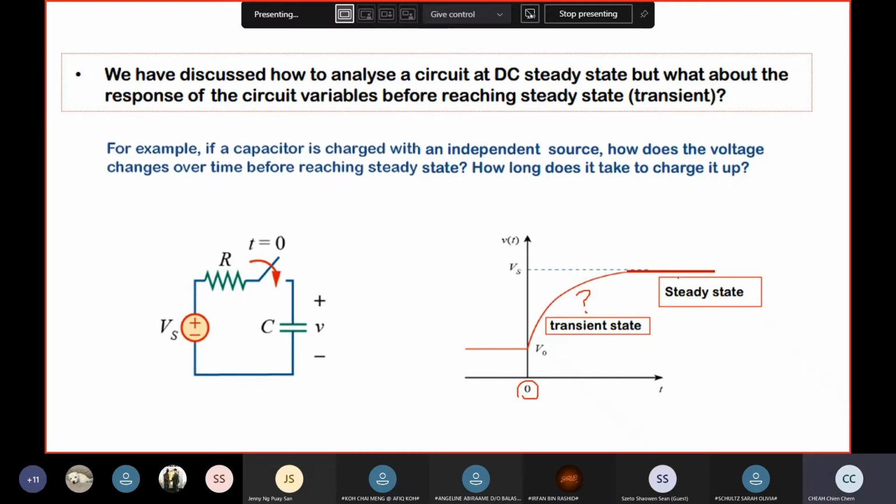If you have a battery you want to charge up, initially at 20%, and you charge it over time, it reaches full, 100%. Because voltage cannot change suddenly, it will take time to charge up. Eventually, when it is charged up, that's called steady state. Before it reaches steady state, it's called transient. It's just a name to describe those things that are temporary, not permanent. Steady state means no change.